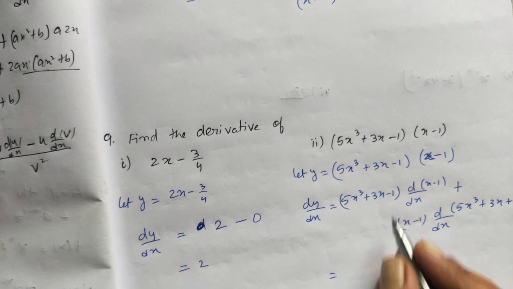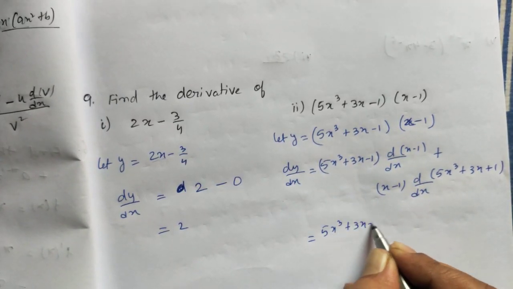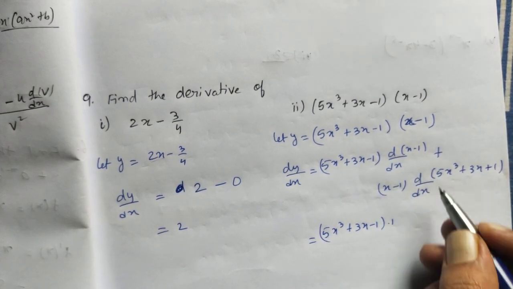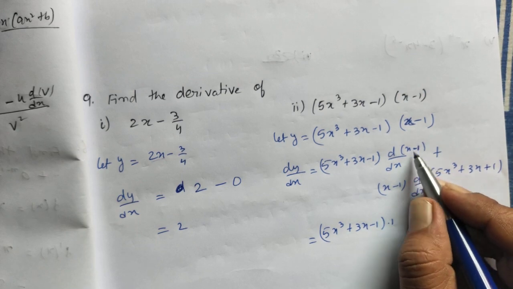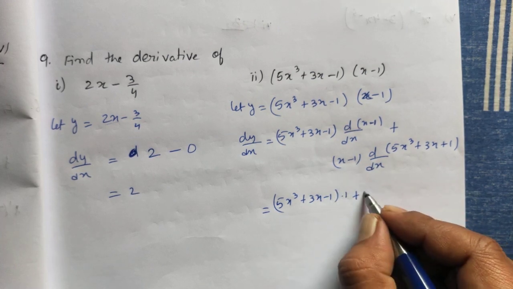So the constant you write as this, 5x cubed plus 3x minus 1. When you derive x, you get only 1. So forget about the constant term. When you derive a constant term, it's 0, so no need to write. Now write this one, x minus 1.